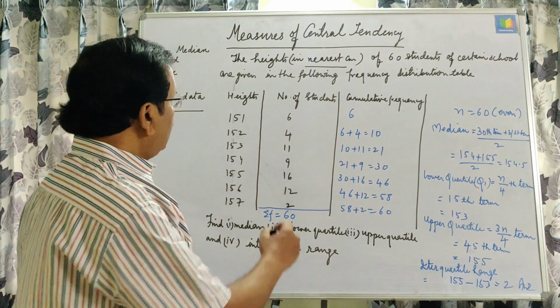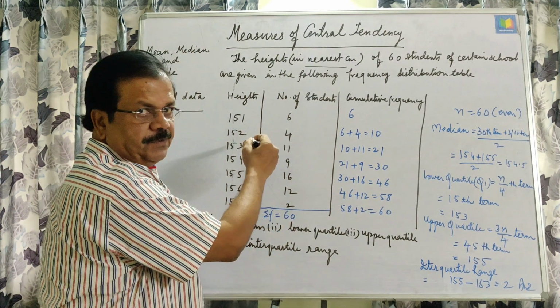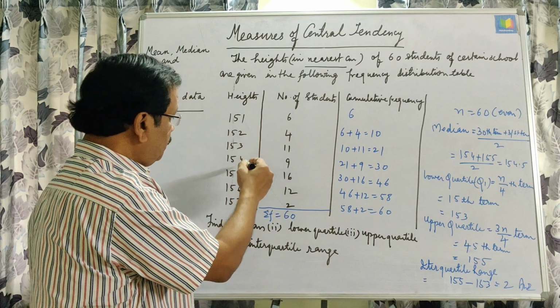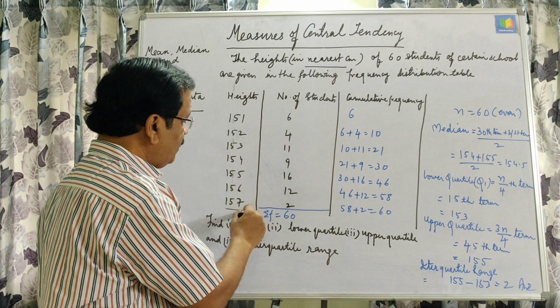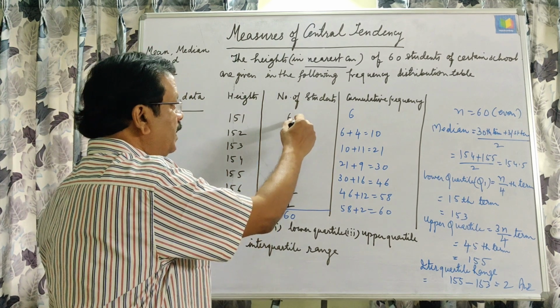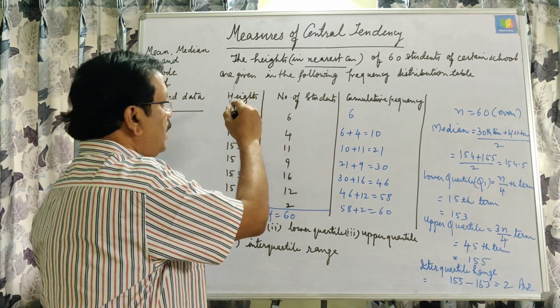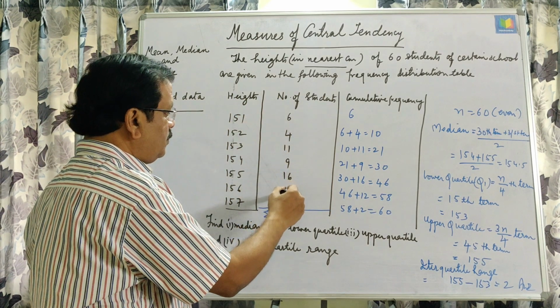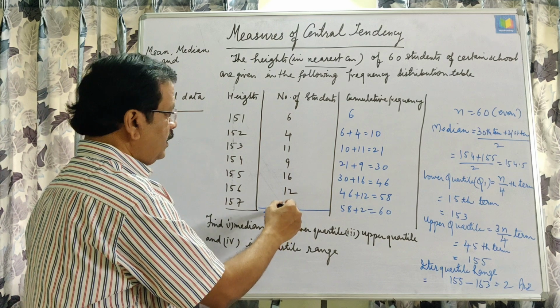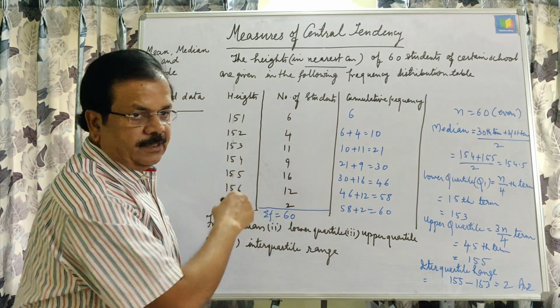The data are heights 151, 152, 153, 154, 155, 156 and 157 centimeter, and 6 students have this height, and 4, 11, 9, 16, 12 and 2 students respectively get these heights.